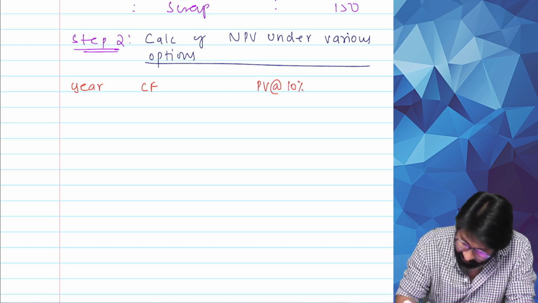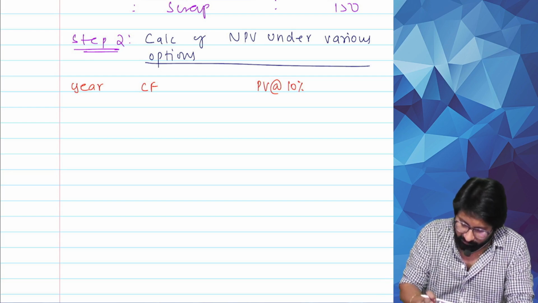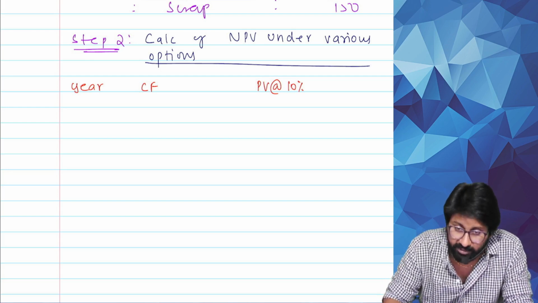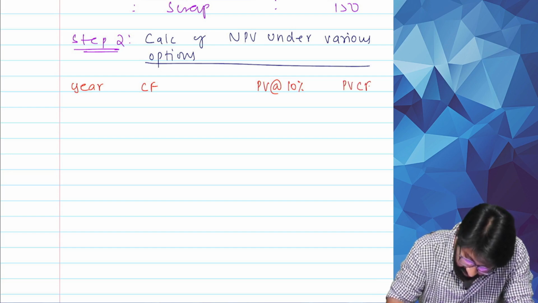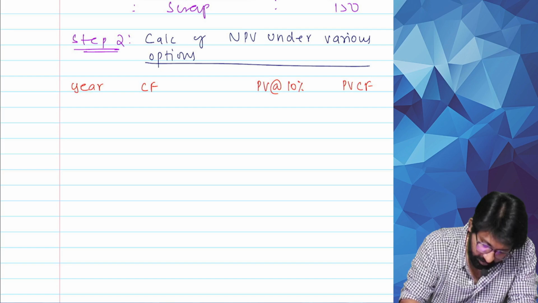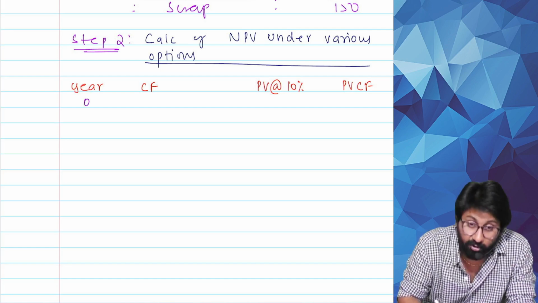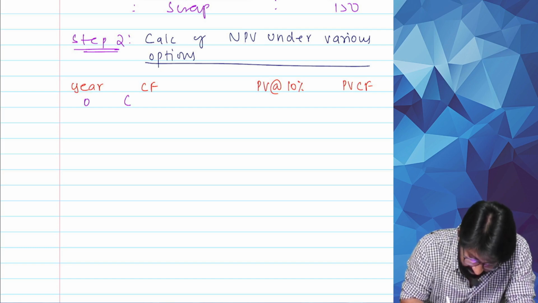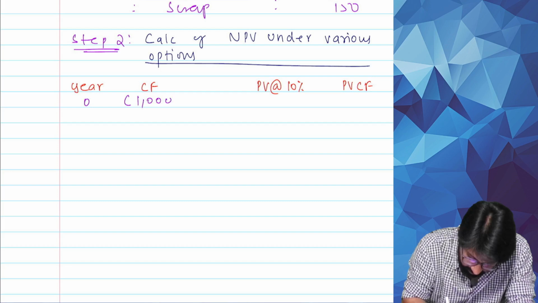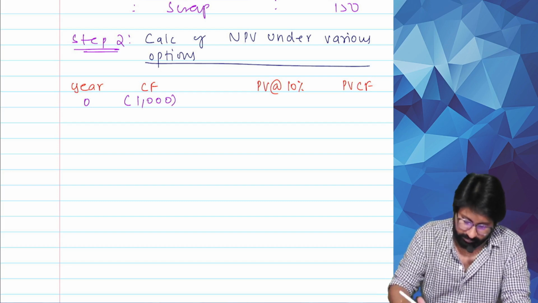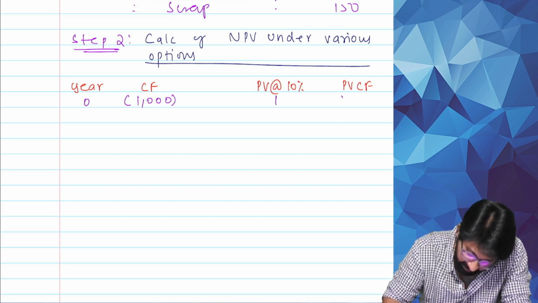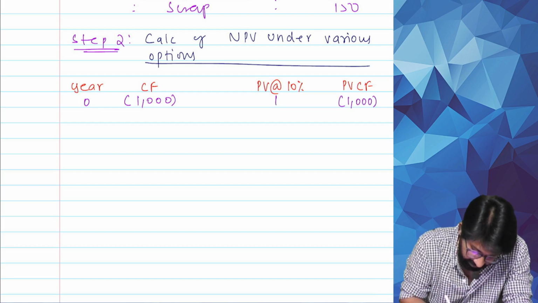PV at the rate of, sir, the entire answer is having a PV factor of how much percent? 10%. Next, PV, CF. You tell me, I will write it. First, year 0, there is an outflow, no inflow. Outflow, how much? 1000. Next, PV will be 1000.